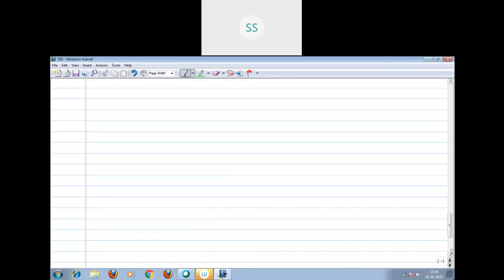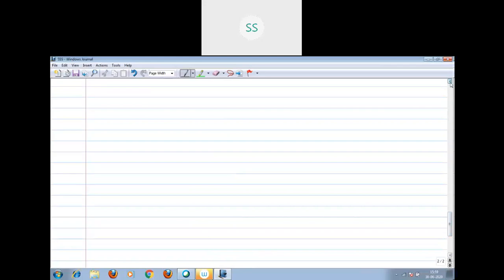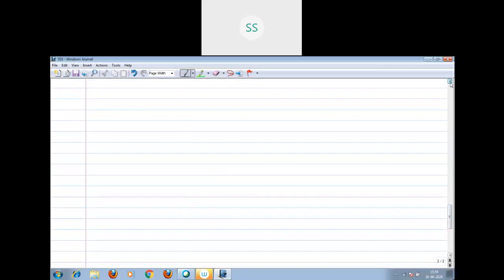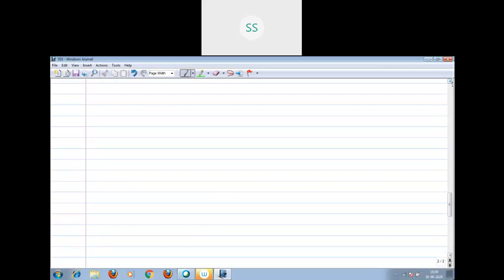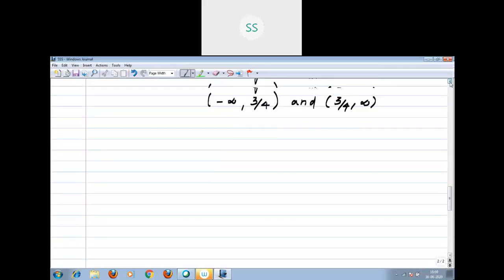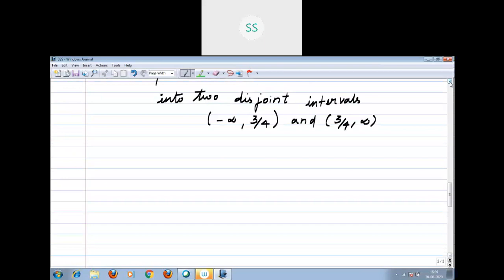Now you are going to do the tabular column, to see up to which interval the function is strictly increasing and up to which interval the function is strictly decreasing. One minute. Now I'm going to draw the tabular column.